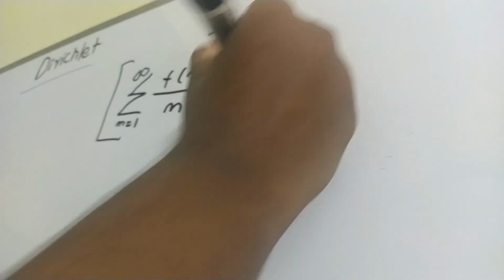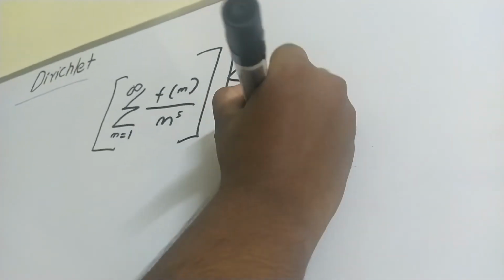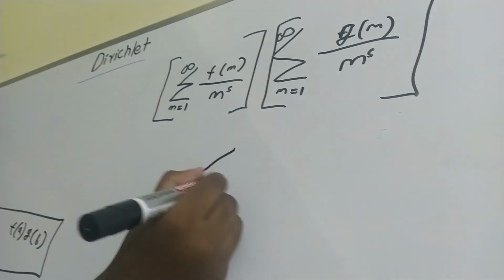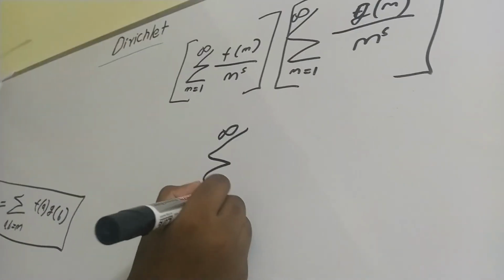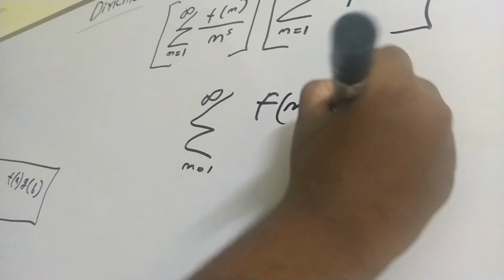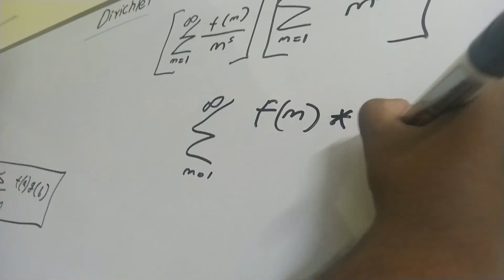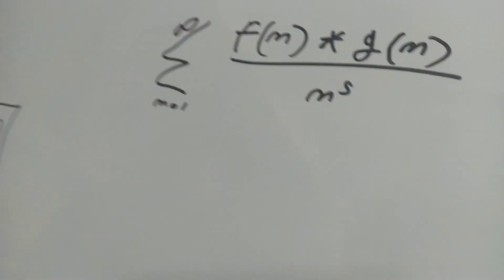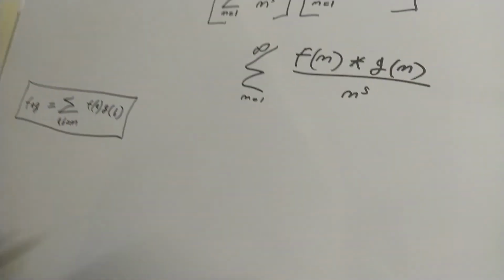Now you want the product of two distinct dielectric series. Then this would be, to everybody's shock, another dielectric series. And do you know the function? The convolution of those functions. Okay, that's basically dielectric series for you.